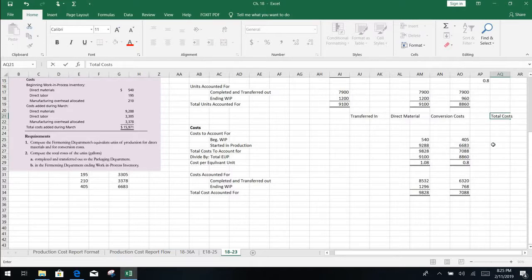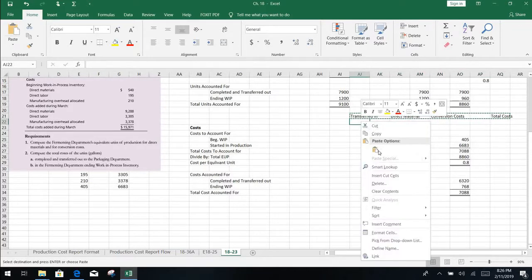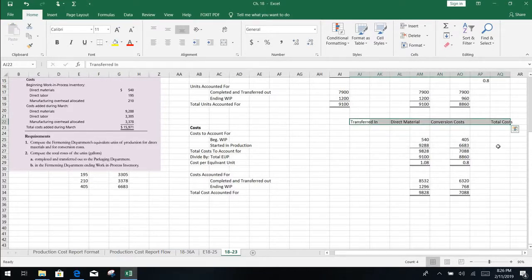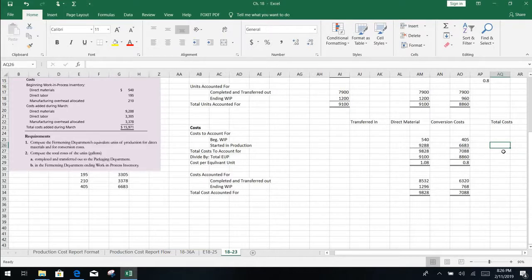And that actually should go here. That total cost should go here. Okay. To get the total costs, we're going to add these two sums of the beginning.